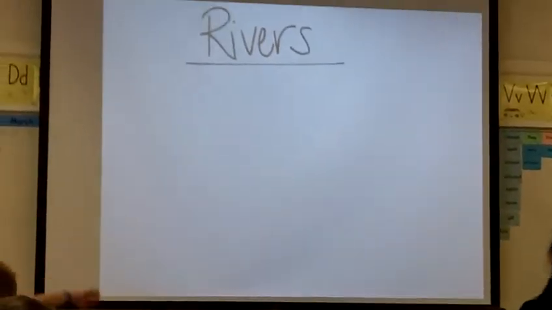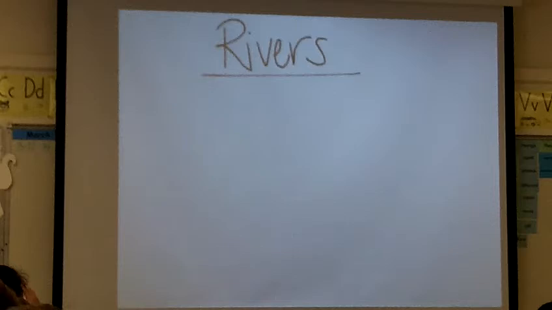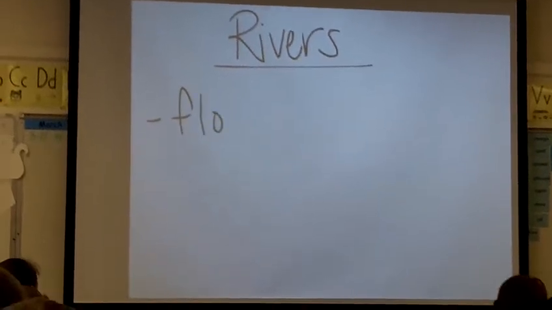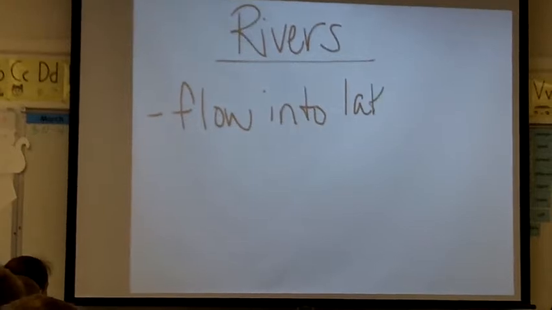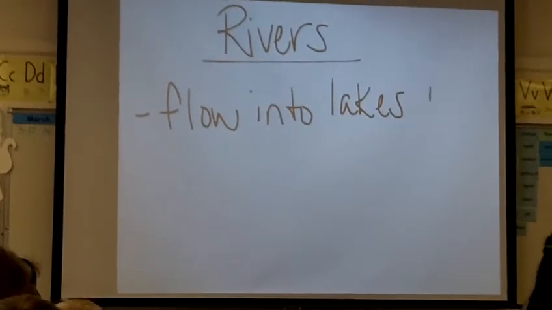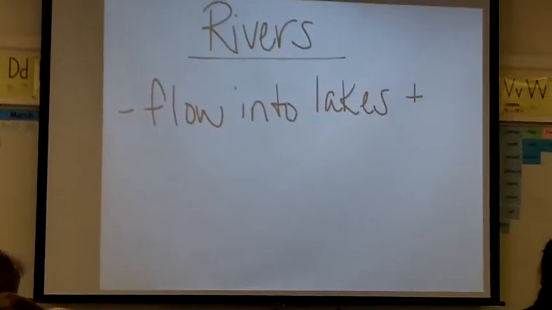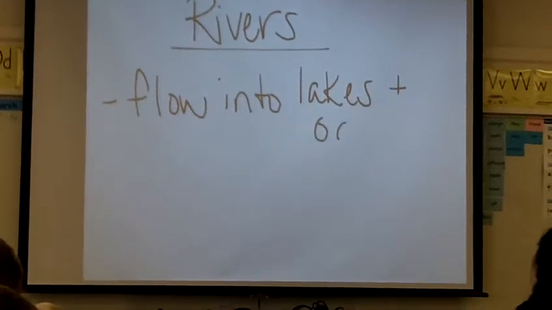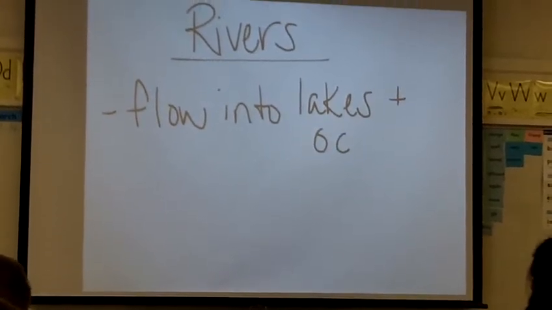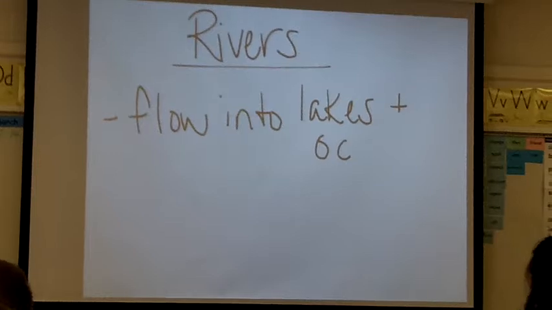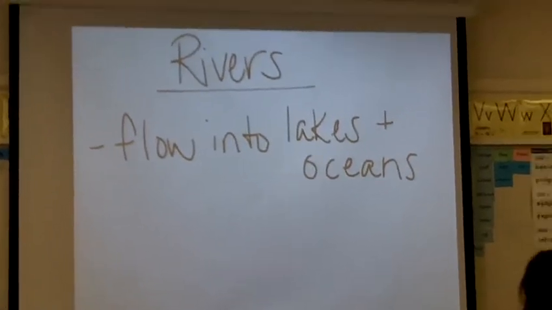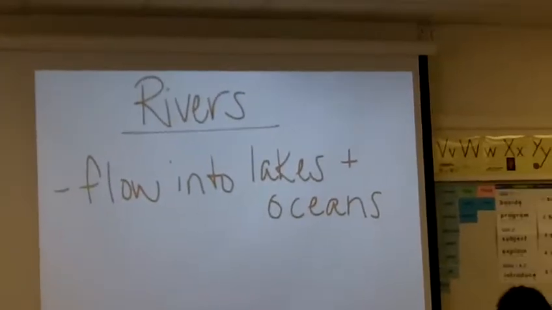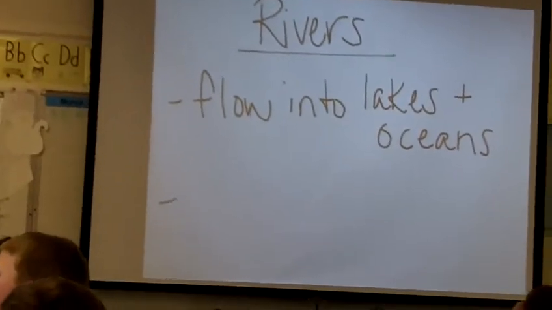The next body of water are rivers. Rivers flow into lakes and oceans. The water in a river is always flowing towards more water and can be a very helpful guide to people in forests looking for water, or for those that lived long ago and had to go out and search for their own water.